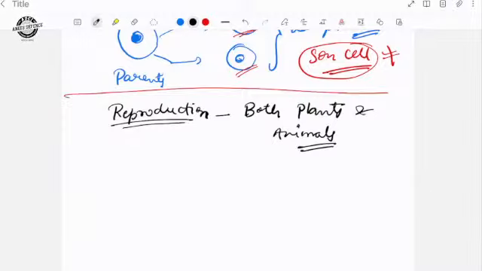What are the ways, what are the means which we are going to study in today's class?